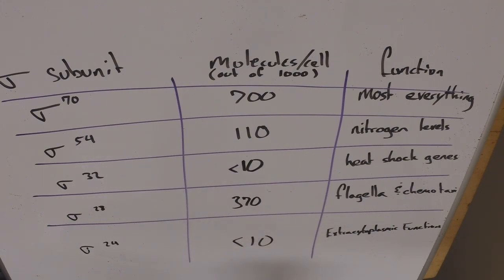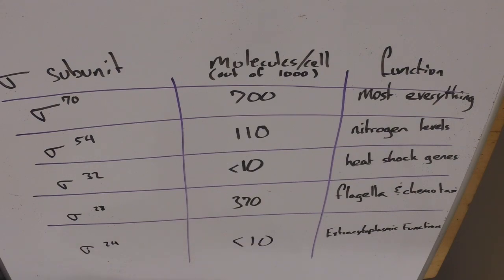So if a cell experiences a sudden increase in temperature, then sigma 32 will be able to bind to RNA polymerase and take it to the correct promoters to increase different things that the cell can use to not combat the heat, but to deal with the heat.